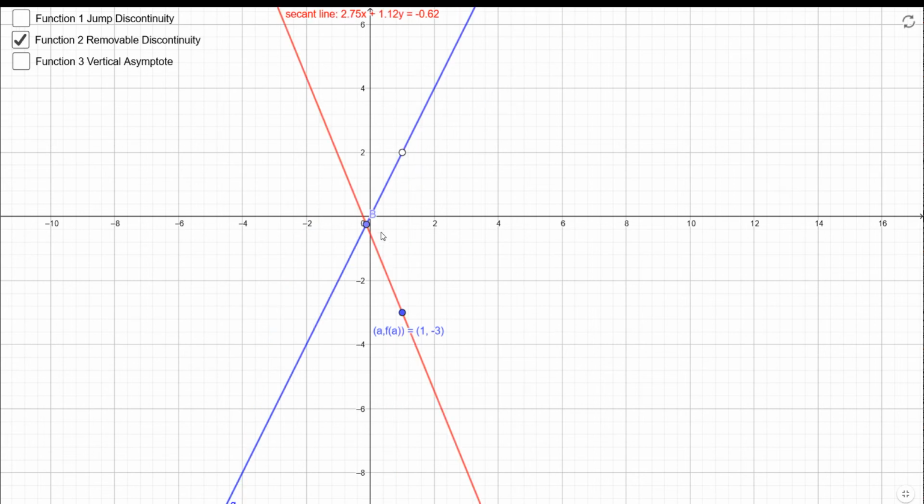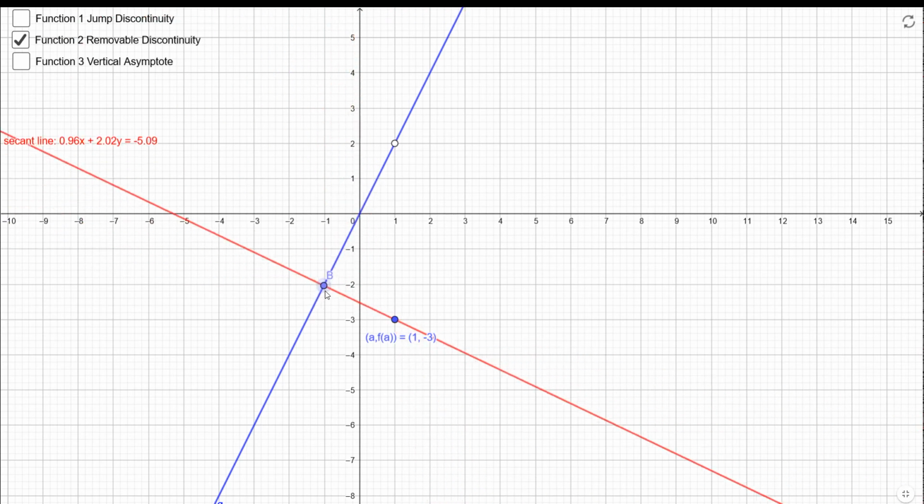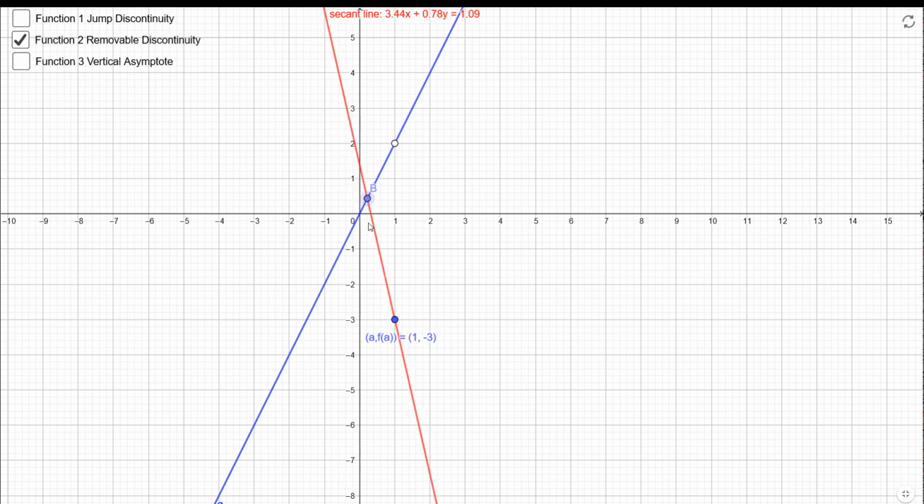What about if you have a hole in the graph? Well, if the function is undefined there, then we know the derivative doesn't exist. But let's suppose the function is defined with the same x value, but a different y value there. What happens if we look at this? Well, the problem is here we have some negative slopes. As we're approaching from the left, we're approaching a vertical line, but with a slope approaching negative infinity.